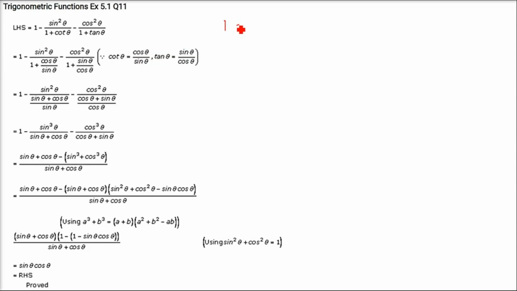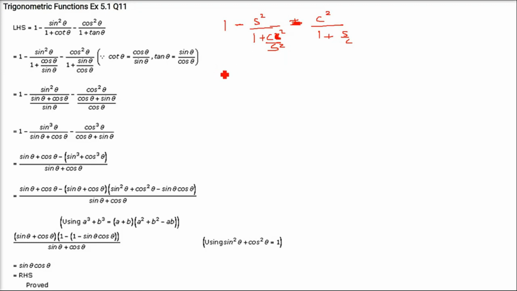This is 1 minus sine square by 1 plus cot, plus cos square by 1 plus tan, so I'll write cot as cos by sine and tan as sine by cos.